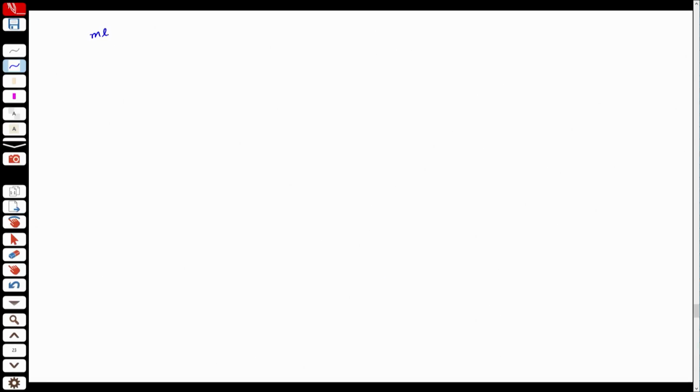So, ml square by 3 is the moment of inertia of rod OA about fixed point O. So, if I had the rod mass lumped at the center, my moment of inertia would just be m into L by 2 whole square, ml square by 4, which again is an underestimation. It is actually ml square by 3.